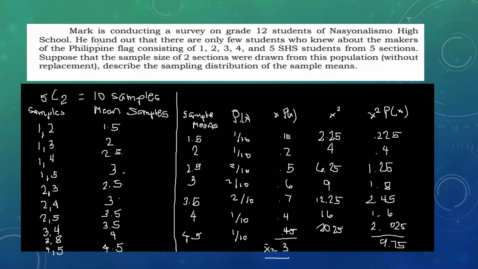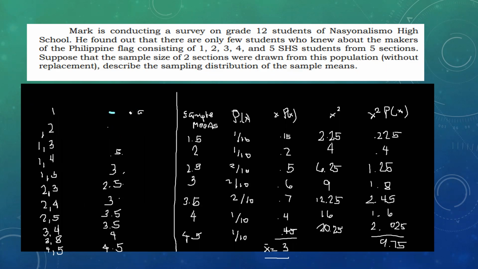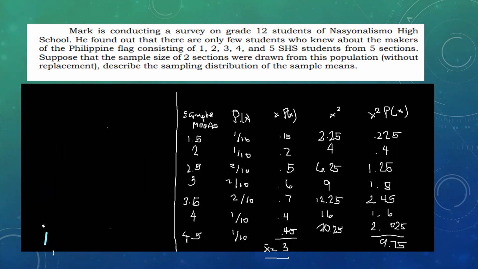So, paano natin kukunin ang ating variance? So, erase natin to. Okay. So, our variance ay manggagaling sa, tandaan, ang variance natin is S squared.